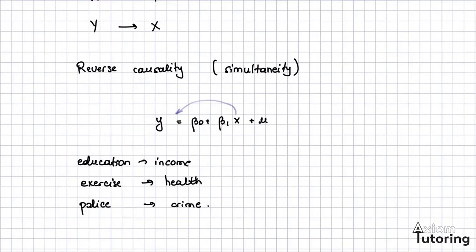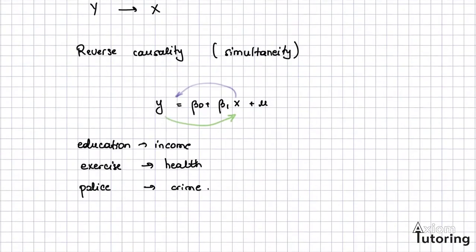So what does reverse causality really mean? In this case, what I am assuming is that there is an arrow that actually goes in this direction. So when we observe that X and Y move together, the question now becomes, how much of that is caused by X causing Y, and how much is Y actually causing X?